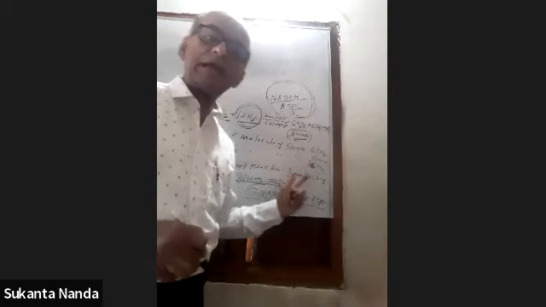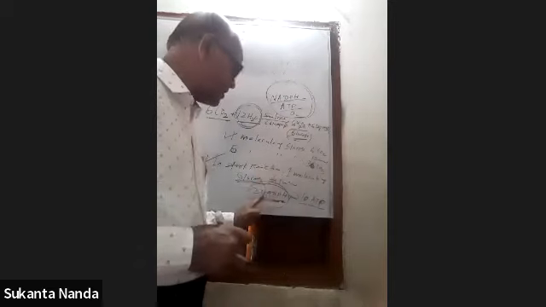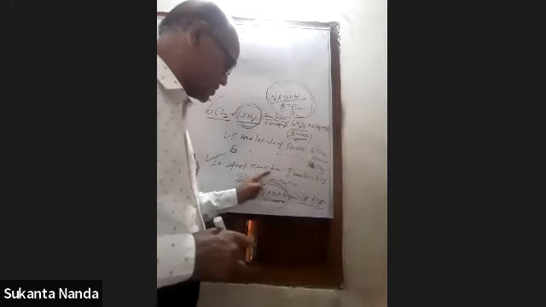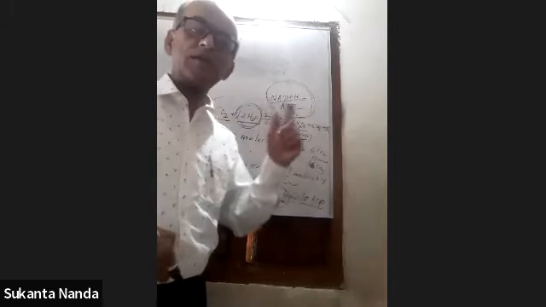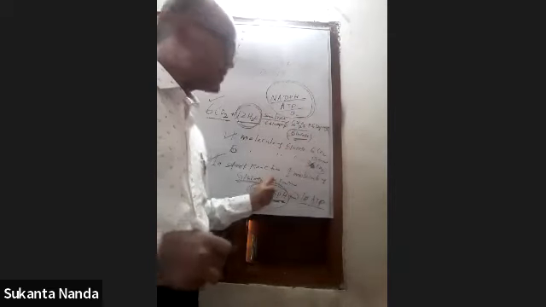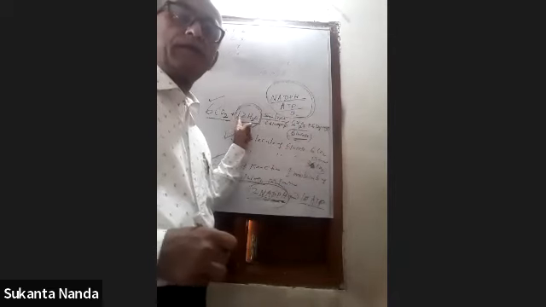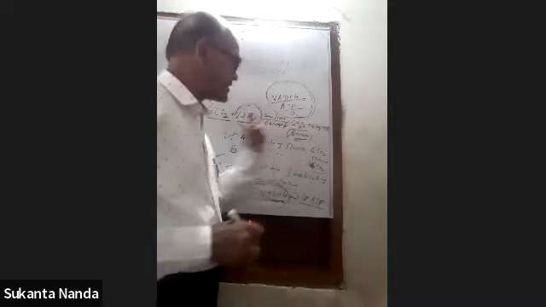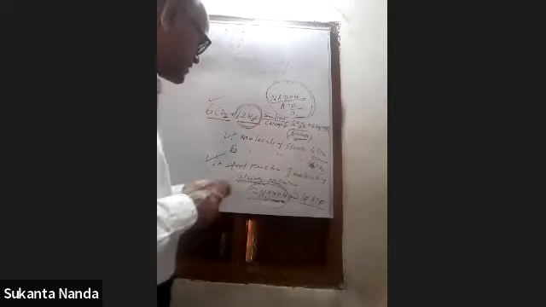As 12 NADPH is required for the formation of 1 molecule of glucose, 12 molecules of water are absolutely necessary. So in the chemical equation, 12 molecules of water is very essential.